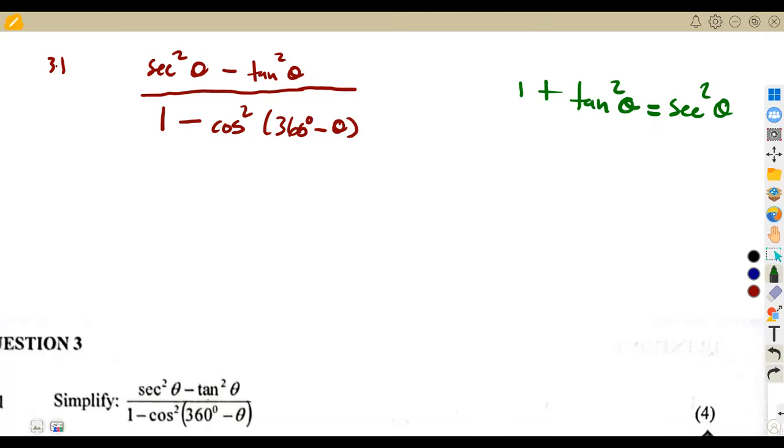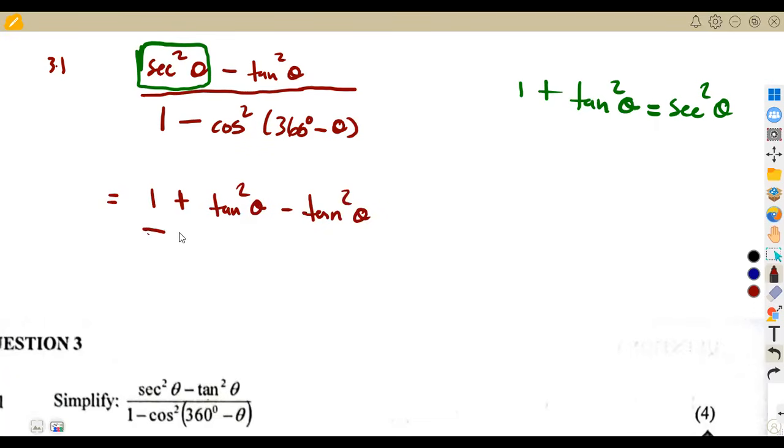It was up to you how to simplify this. But it was going to be easier to substitute sec squared theta with 1 plus tan squared theta, but already there is a minus tan squared theta that we have.